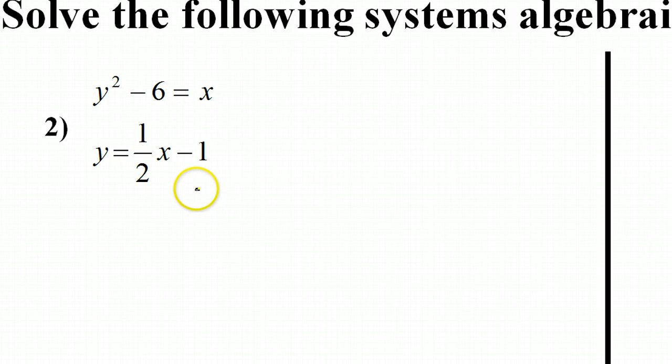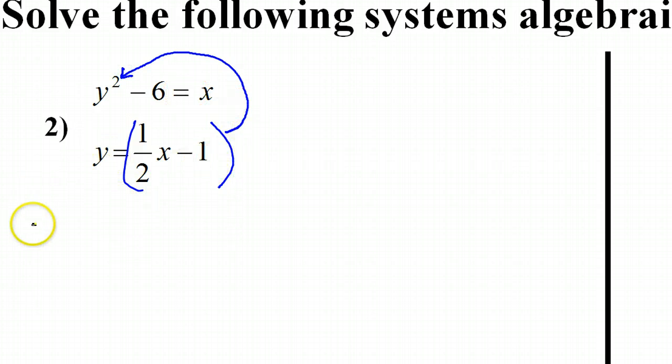And then there's substitution, where you get one variable by itself and then plug that back in. This one, I'm not seeing any of the variables that are exactly the same, so I could force it to happen, but it's all set up for substitution. It's already got the y by itself and everything, so let's go ahead and just do substitution.